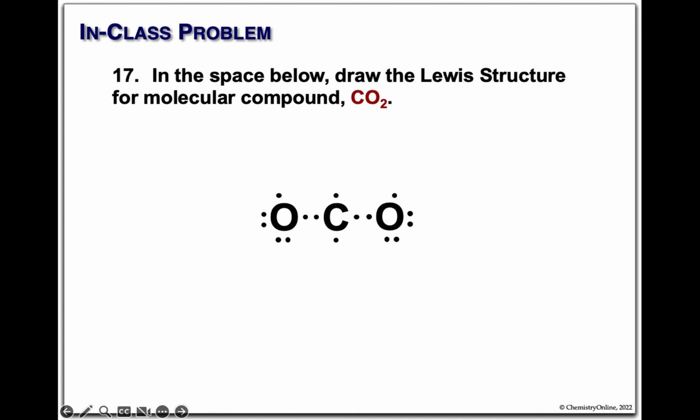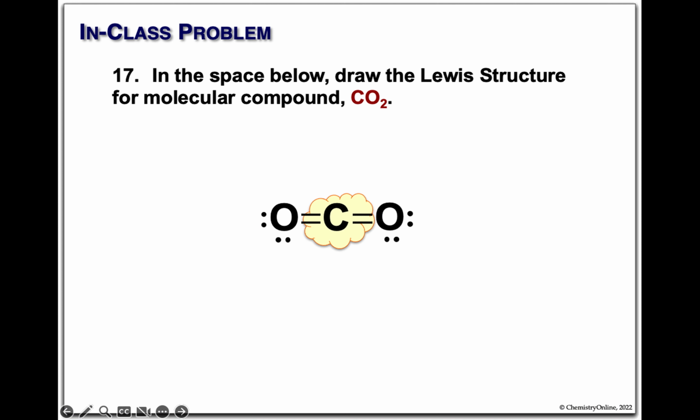To make 8, we're going to have to move some electrons in and make a double bond. Move that in like that. And we can do the same thing with these two. Change them to our dashes. Now each oxygen has 8, 2, 4, 6, 8, and the carbon in the middle is happy because it has 8 as well.